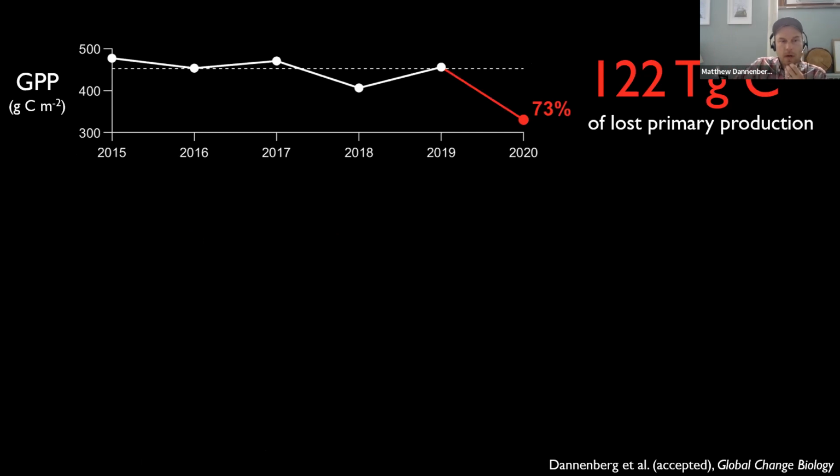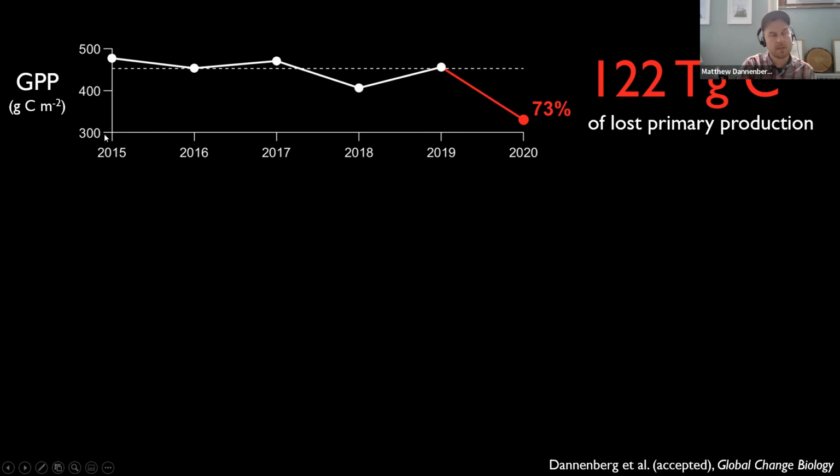So in total, during the 2020 drought in the Southwest, the region lost more than 120 teragrams of carbon compared to the 2015 to 2019 mean for that time period. So this time series is showing the SMAP estimated gross primary production in total across the Southwest from 2015 to 2020.